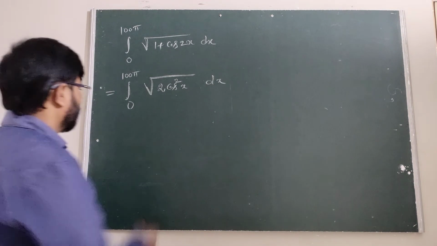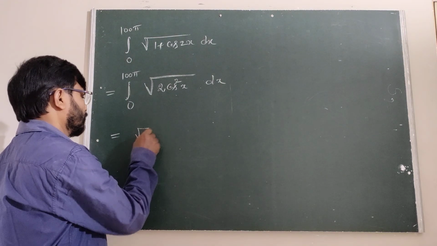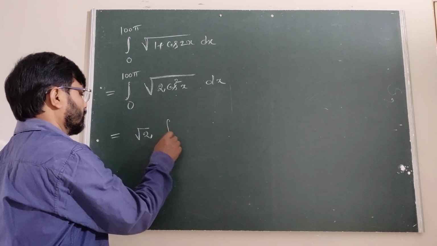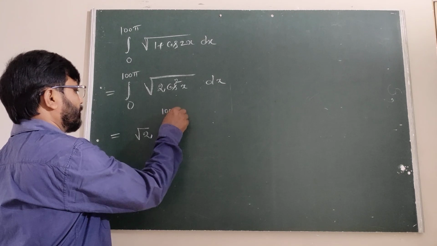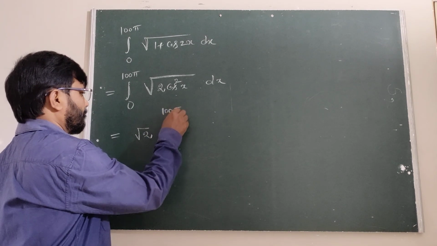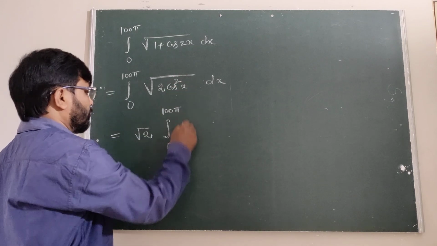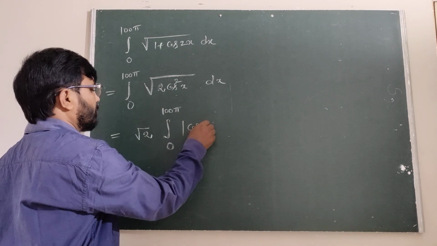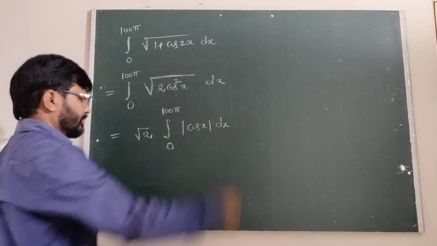Now we can write this as root 2 times the integral from 0 to 100π of the mod of cos x dx, since the square and the root cancel.